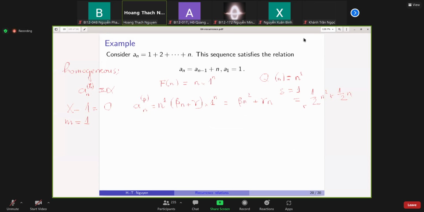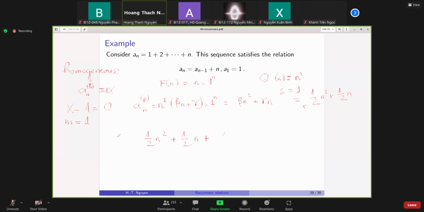So now our general solution will be 1/2 of n squared plus 1/2 of n plus alpha.